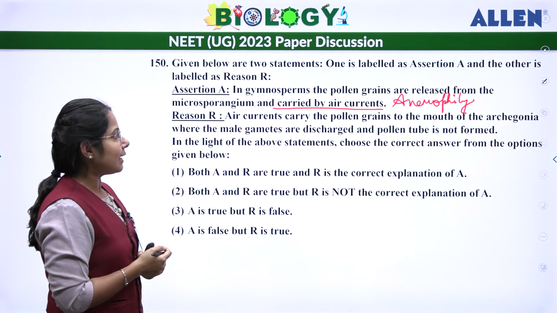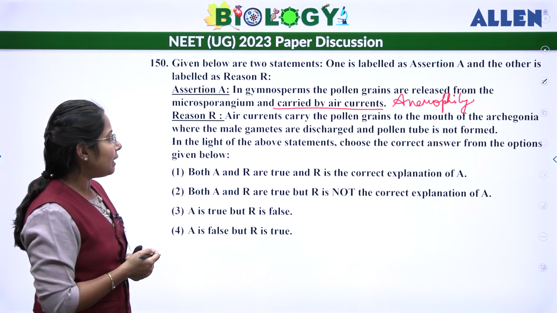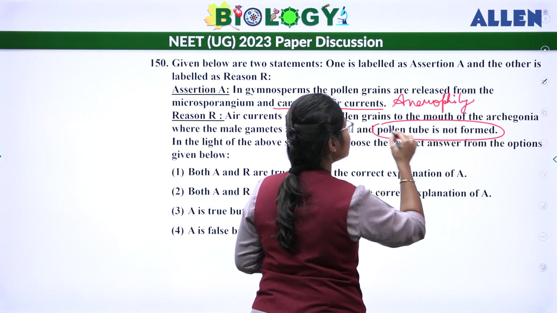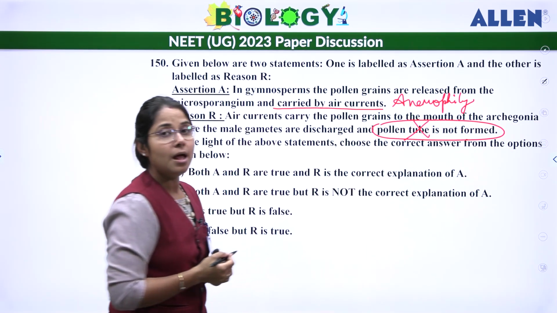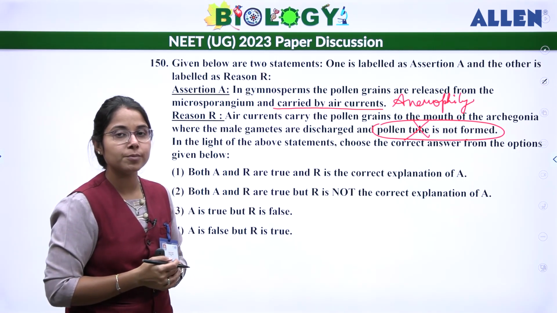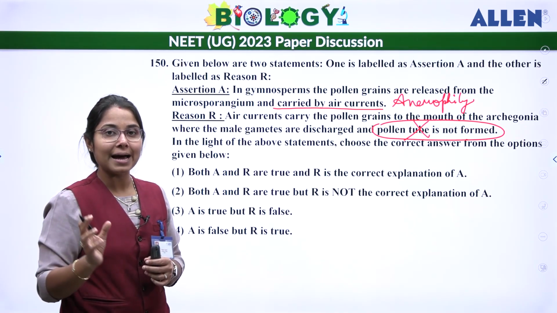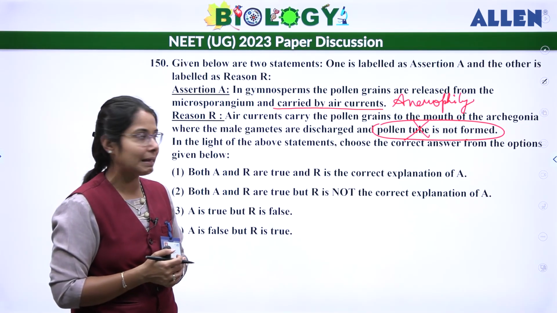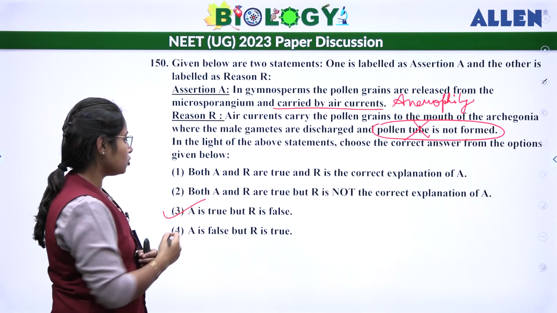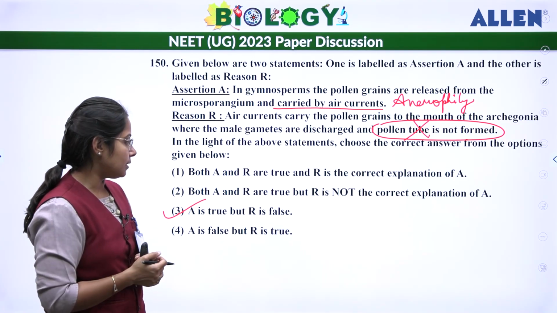Reason: the air current carries the pollen grains to the mouth of the archegonia where the male gametes are discharged and the pollen tube is not formed, which is incorrect. Pollen tube is formed. The male gametes in gymnosperms, mostly, are non-motile. So they require a pollen tube for carrying them to the female gamete. So the reason is false, but the assertion is true. So option third.